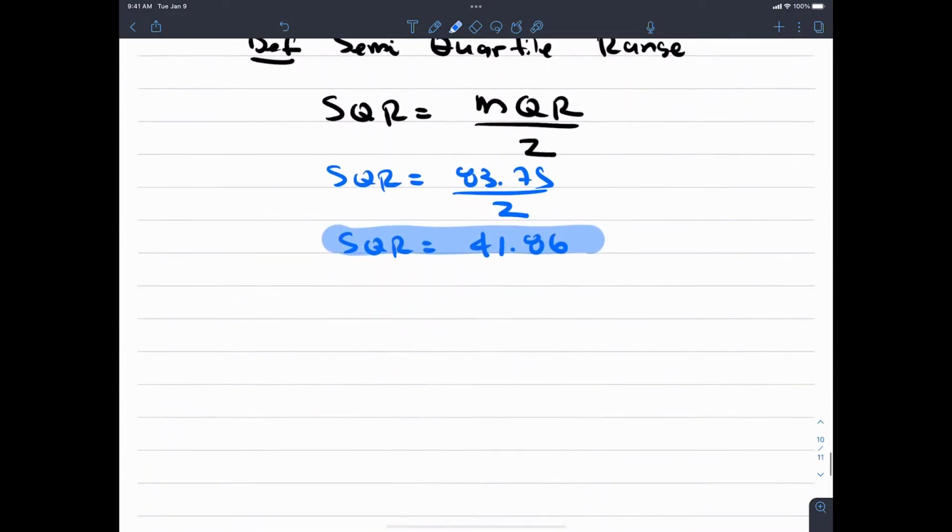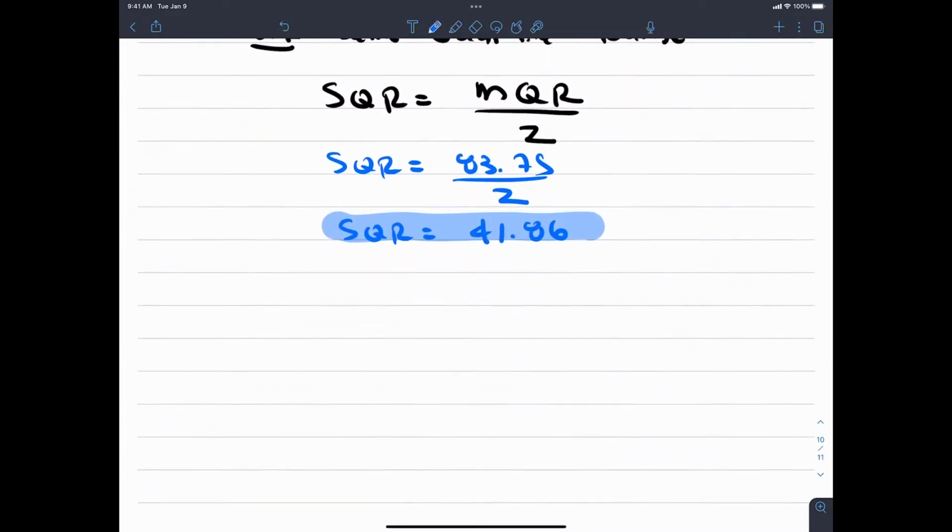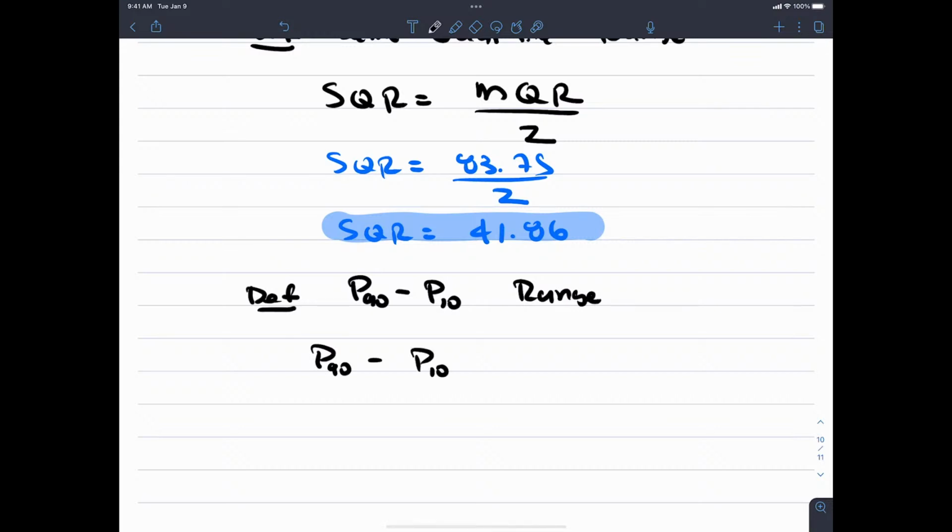And then a couple more, that's all. Definition: they call this the P90, P10 range. What do you think that is? The P90, P10 range, ladies and gentlemen, is when you subtract P90 and P10. So do you guys have P90 by any chance?